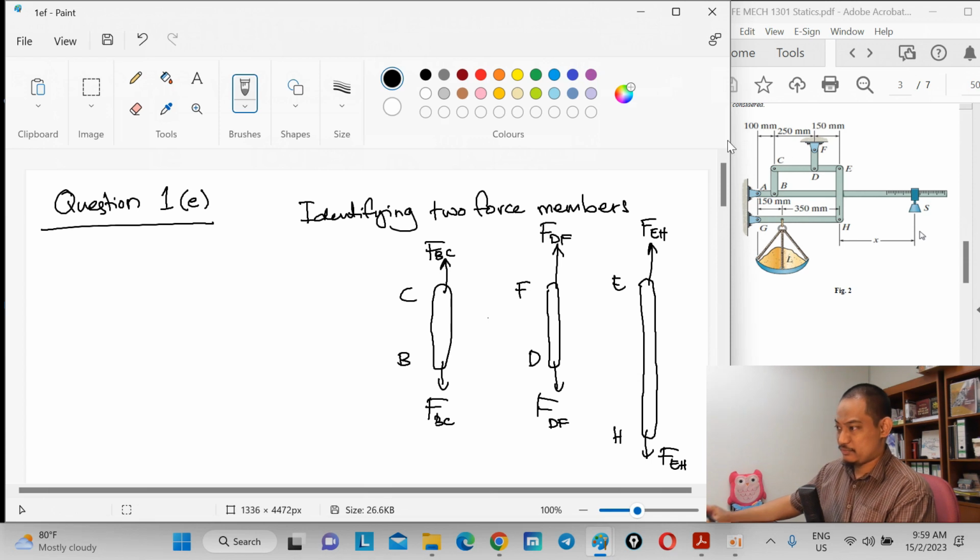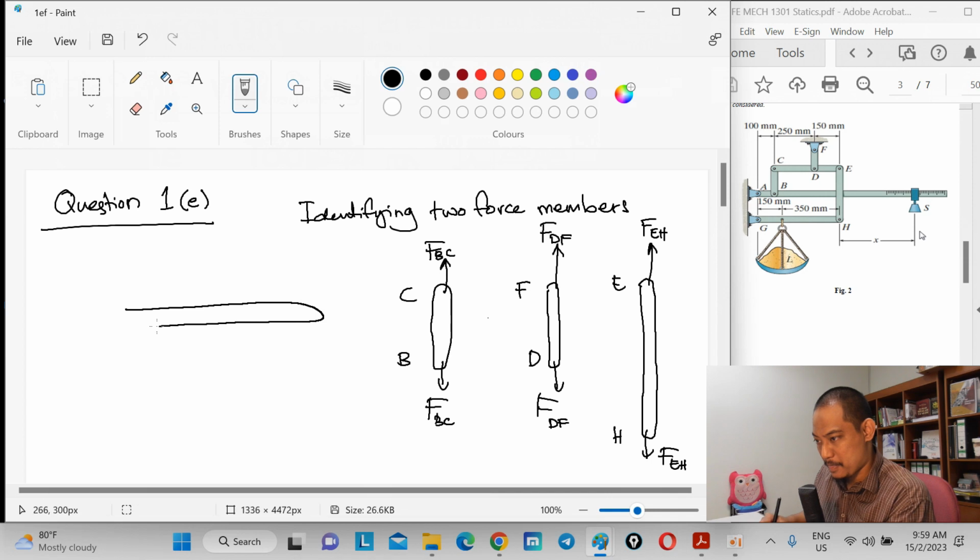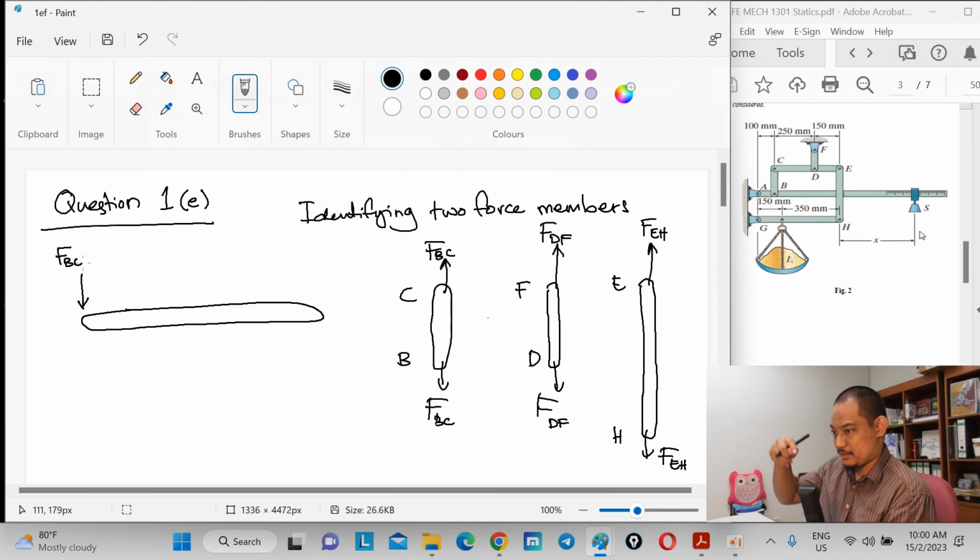Now to draw the rest of the free body diagram. You have CDE here. This is member CDE. C is connected to BC here, so it will be like this, FBC, and it's being pulled downward on that side.